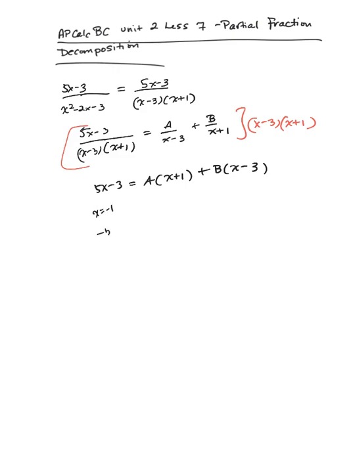If we did that, we'd get -5 - 3 = B(-4). -8 = -4B, B is 2. And then if we let x equal 3, we would get 15 - 3 = A(4). 12 = 4A, so A equals 3.